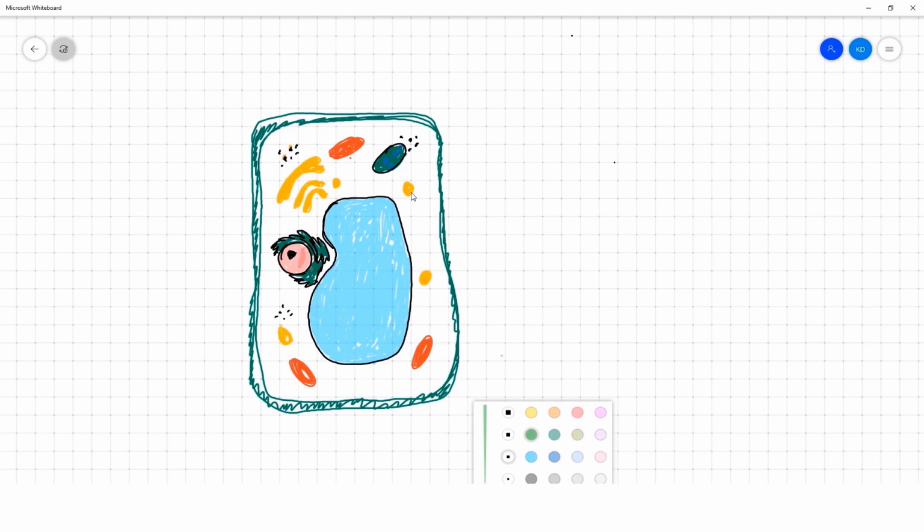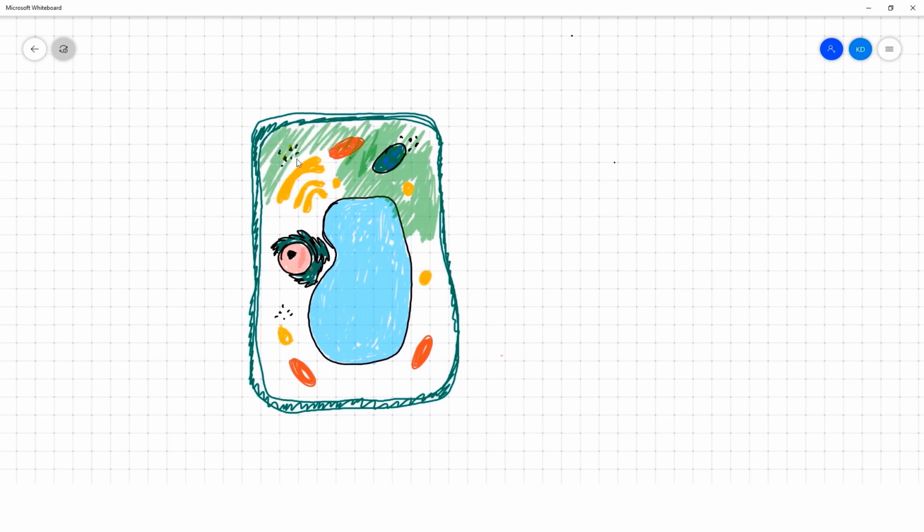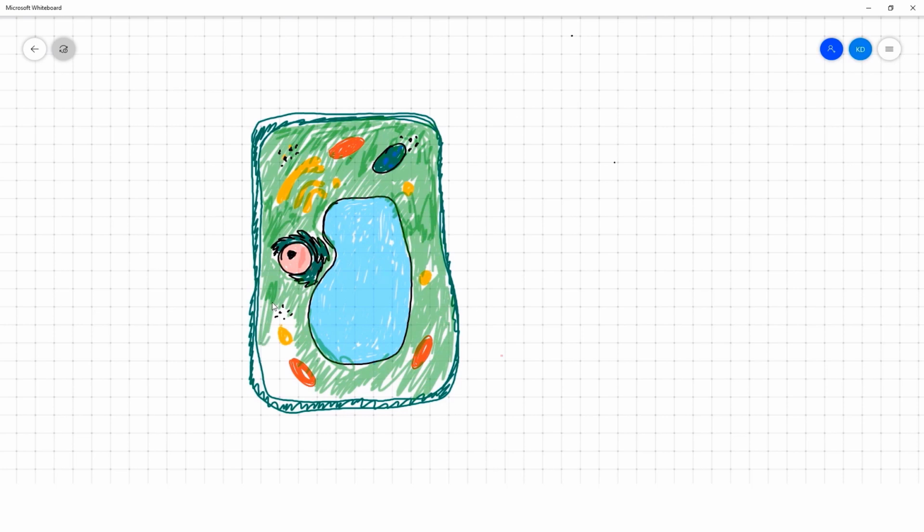So just sketch this gap, this white gap, with green. Okay, so I'm just sketching this thing. Just let me draw. I will discuss point wise.